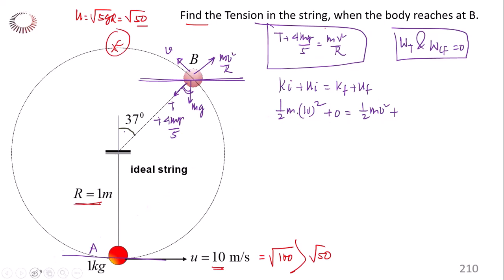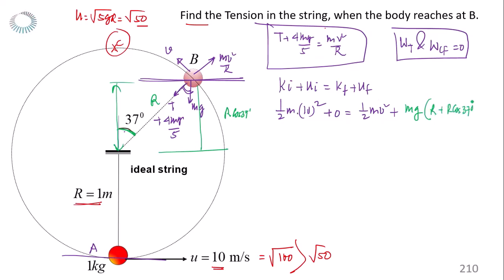For potential energy, again I have to calculate the vertical distance between point A and B. So this is the vertical distance. If I say this is r, then this is r cos 37. Why? Because this angle is 37 degrees. So r cos 37 is this distance, plus r. So the potential energy is mg into h, and h is r plus r cos 37.